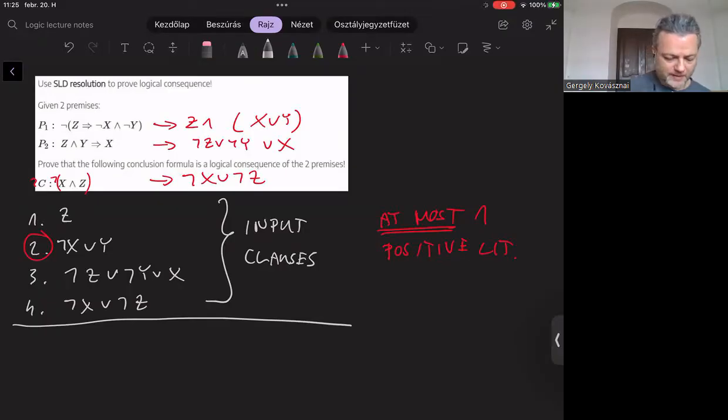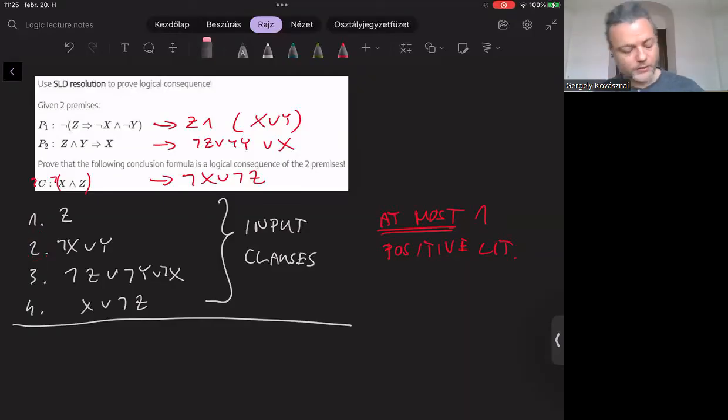So we must negate X everywhere. We must negate X in clause number 3 and also not X in clause number 4, where the 2 negations are eliminated. And after this, let's look at our clauses. Are they all Horn clauses? Yes. Now, all of them are Horn clauses.